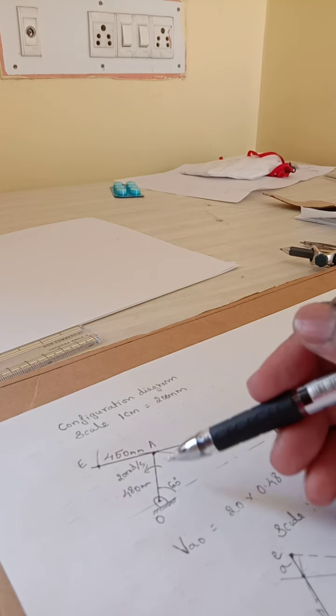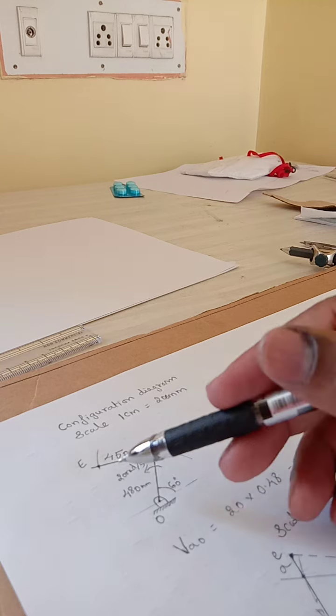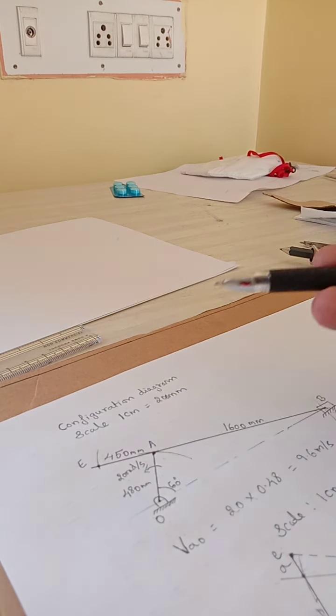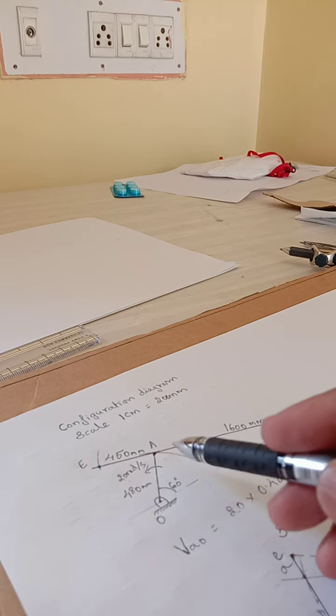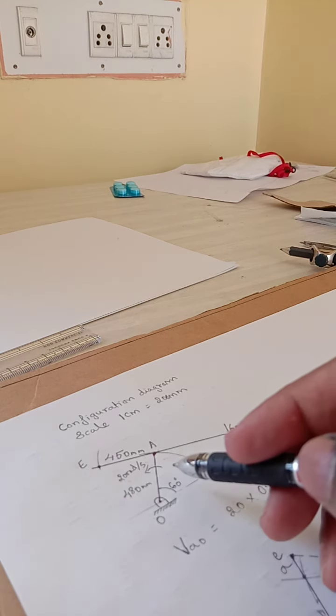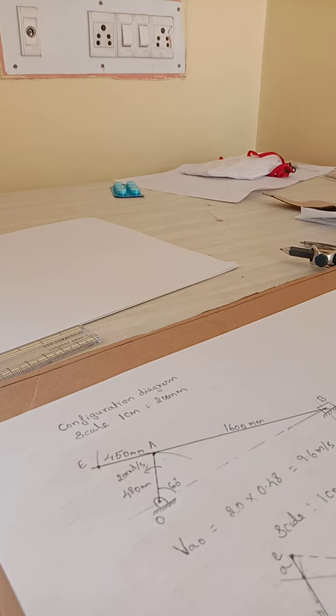How do we know it is rotating with uniform velocity? Because alpha is not given. In case alpha is given, we need to calculate the tangential component.